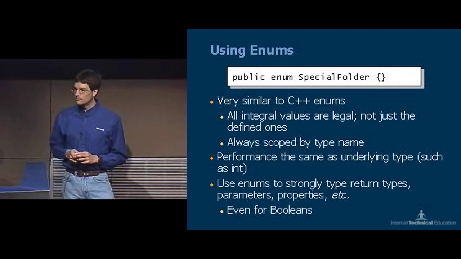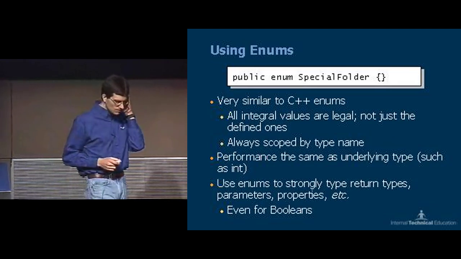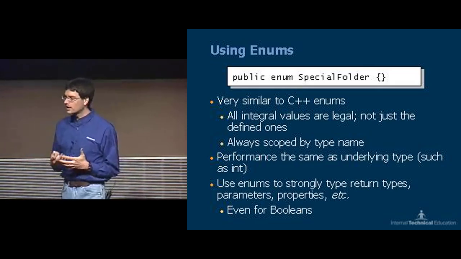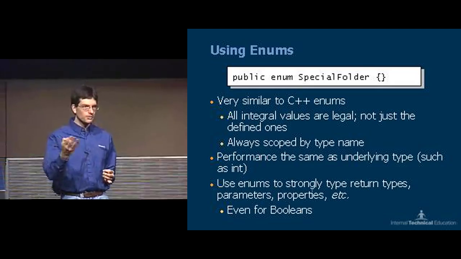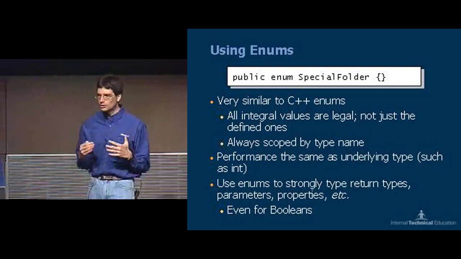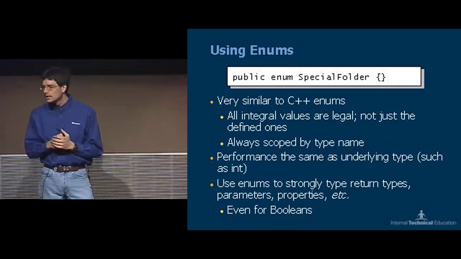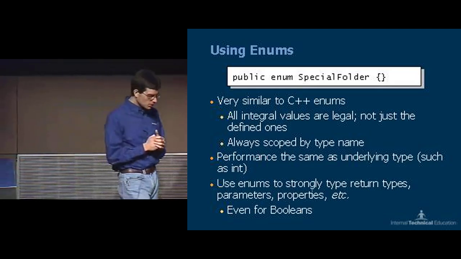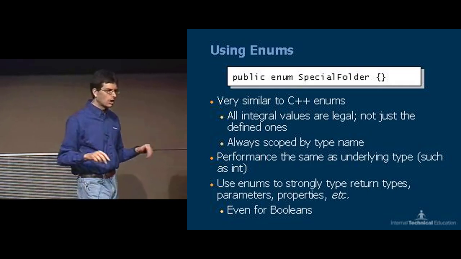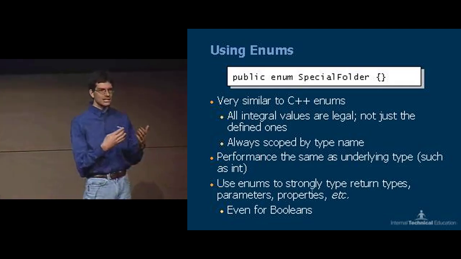Okay, so enums. Just an example of an enum here. Enums are very similar to C++ enums. So if you're familiar with C++ enums, then you know about 85% of what we're doing with enums in the CLR. I think the most important bit about enums is that all integral values are legal. All enums are is an alias mechanism.